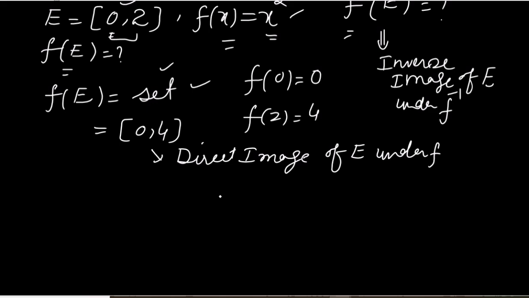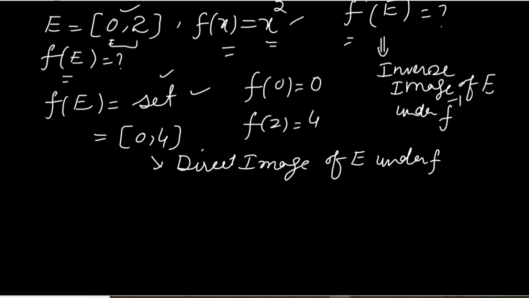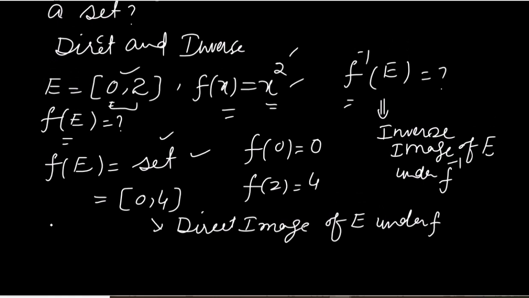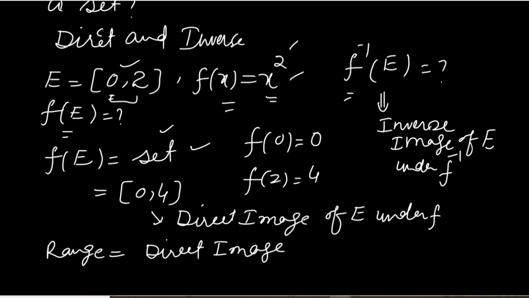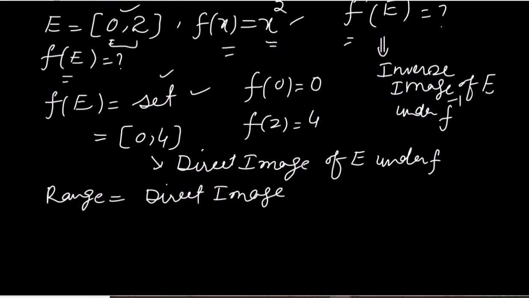Further, direct images of any set under F always just represent the codomain or range, the values of the range are represented by direct images. This is the simple concept of today's lecture. Direct images of mapping just represent the elements of range or codomain.